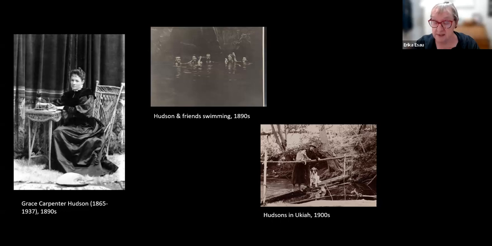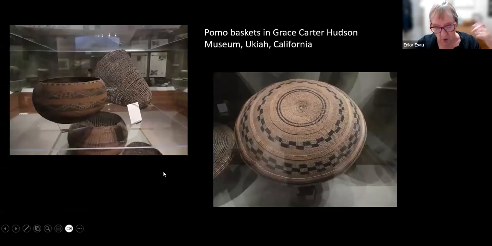Grace's parents were well educated, from Vermont, from an abolitionist background, and they came out to the West to be involved in the work with local Pomoan groups. They started to collect baskets and to work with the Pomoan tribes.